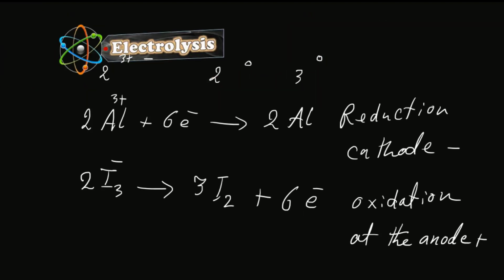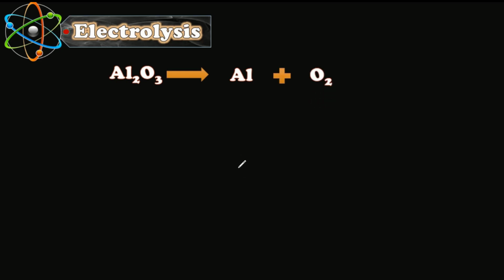And let's look at another example here. We'll say aluminum oxide. Aluminum oxide will give us aluminum plus oxygen. Now to balance this equation, we're going to write here 2 and 3 and 4, because 2 times 2, 4. So now the oxidation number of it is 3. How do I know?